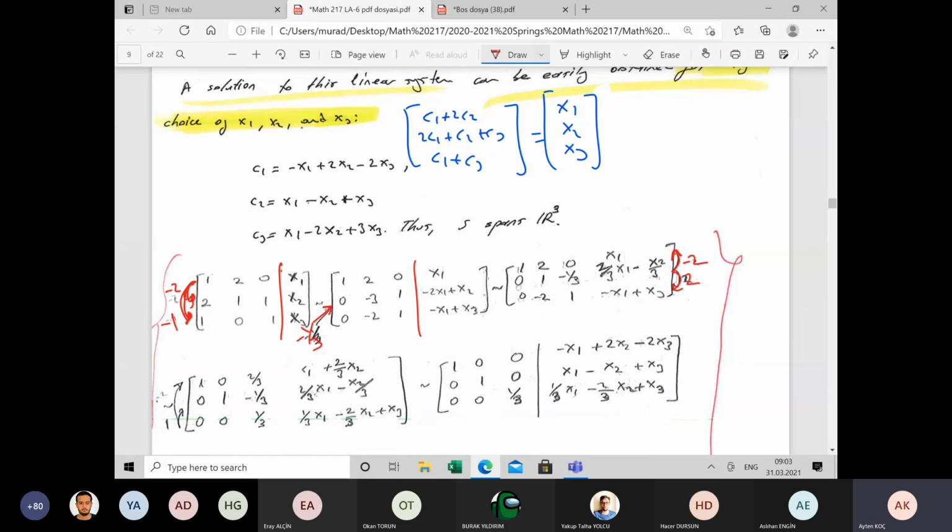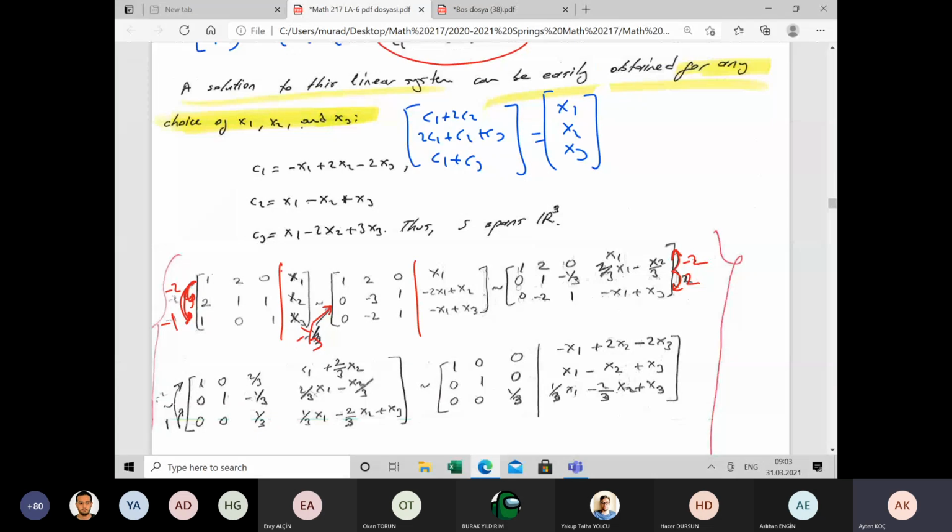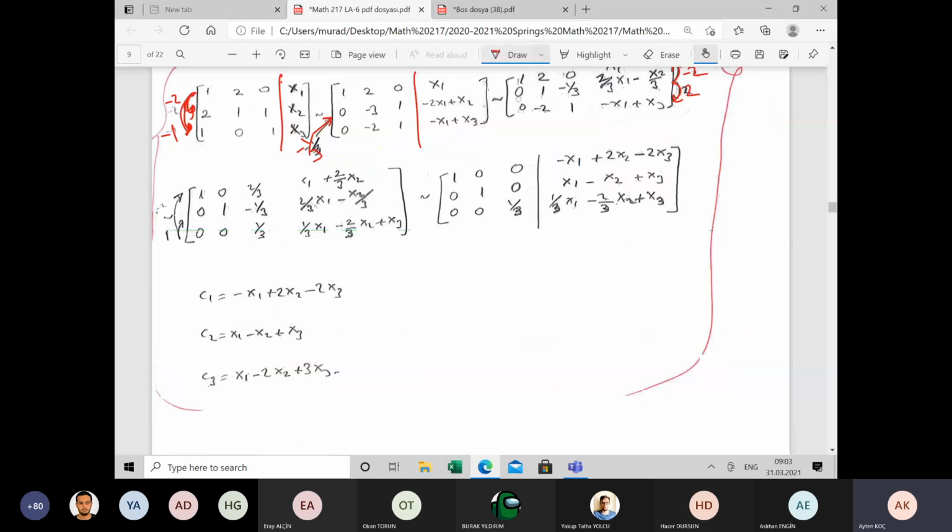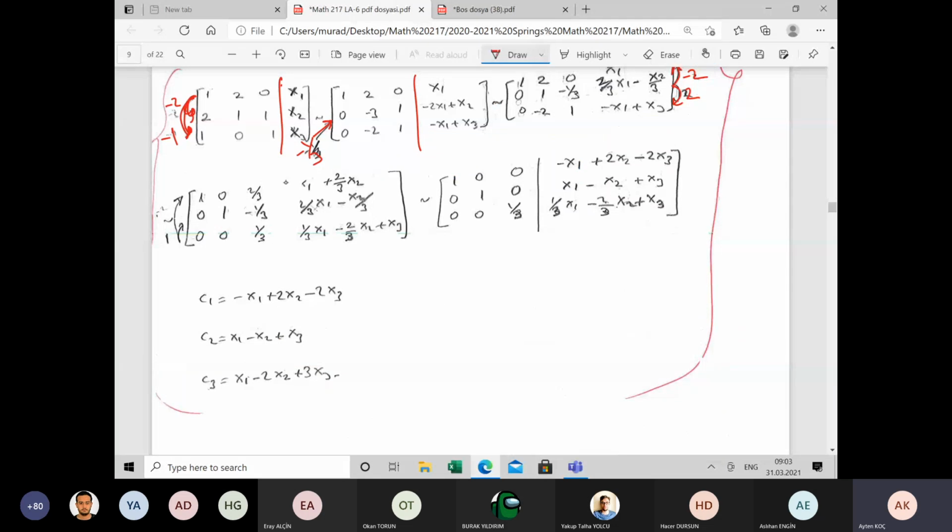To get 1 here, and then we get 0, 0. But first of all, it will be prepared before the first operation, and I think it will be easy to get the 0 here, 0 here using the 1 over 3.